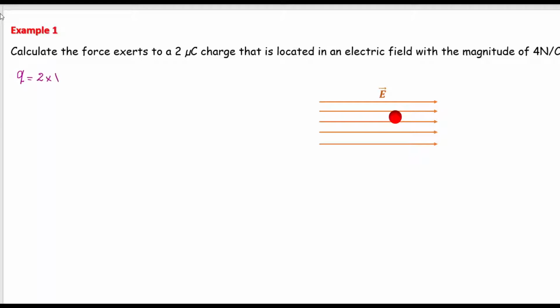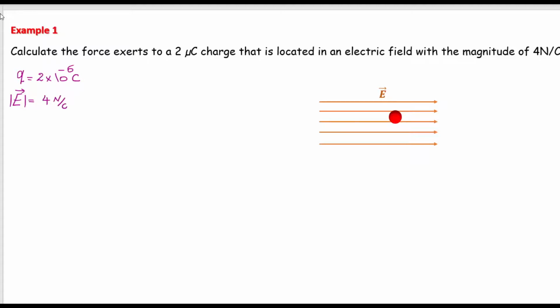Don't forget to convert it to coulomb: 10 to the power minus 6 coulomb. You know that micro is 10 to the power minus 6. The charge is located in an electric field with a magnitude of 4 Newton per coulomb.